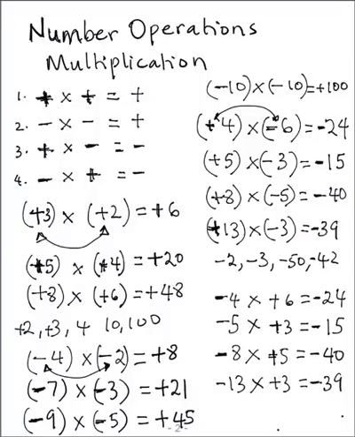Plus times negative is going to be negative, and negative times positive will give us a negative value. So we have three things that we can always memorize: plus times plus, plus; minus times minus, plus. Either we multiply plus times minus or minus times plus, that will give us negative. So these three things, we can keep them in mind.